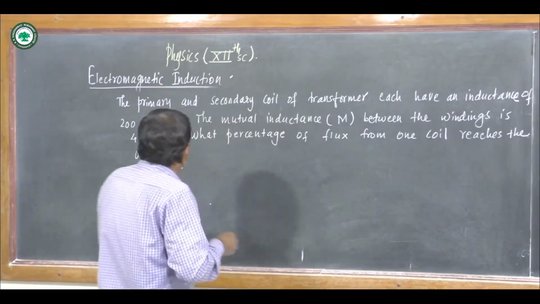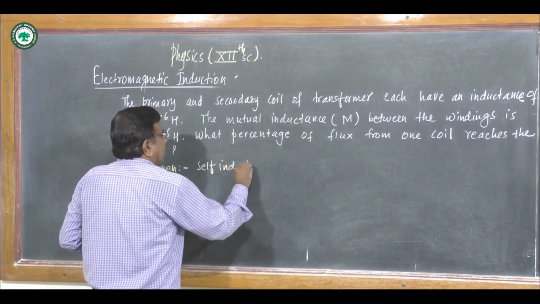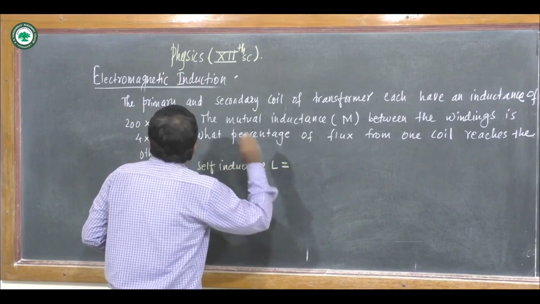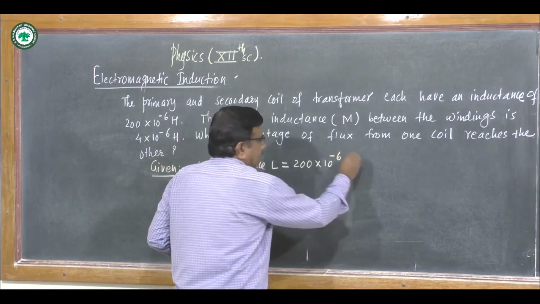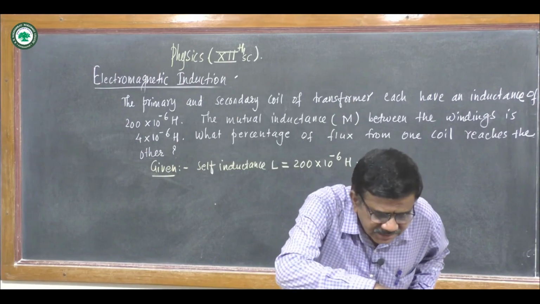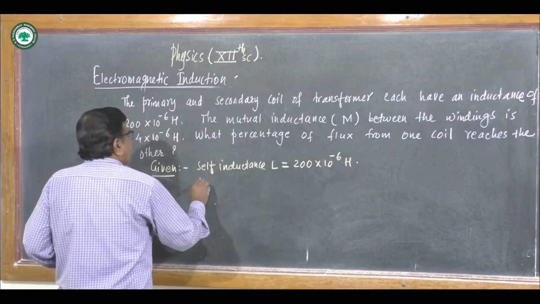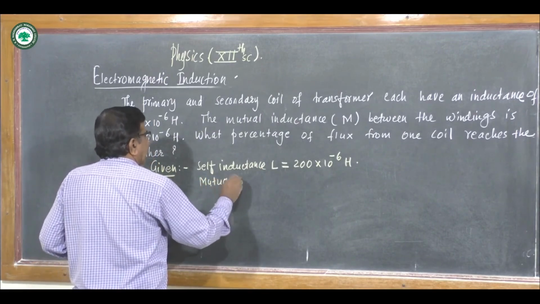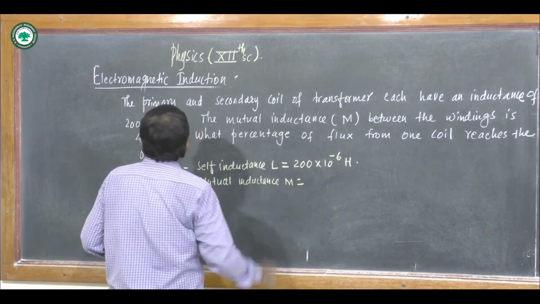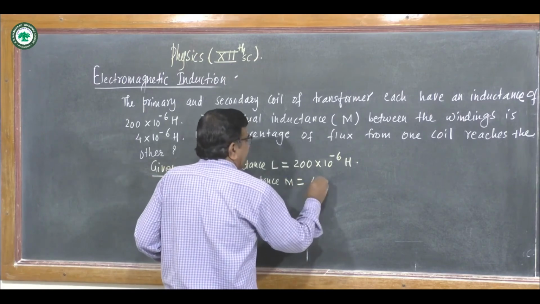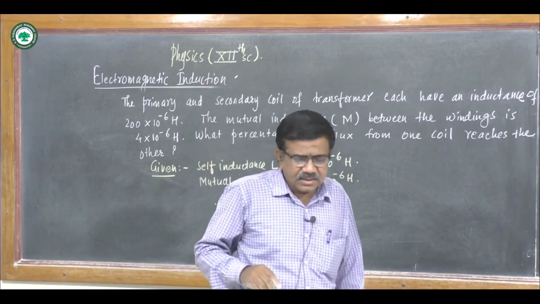That is the self inductance L given. Then the mutual inductance, we denote it by M, is also given, and that is 4 into 10 raised to minus 6 Henry.